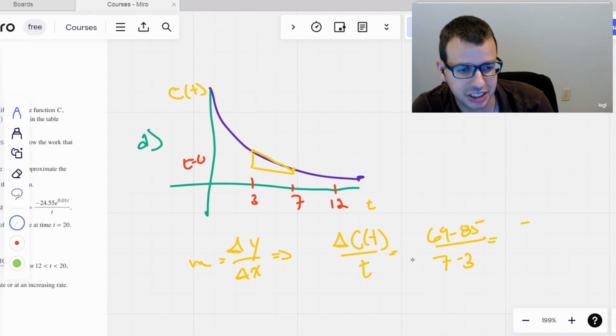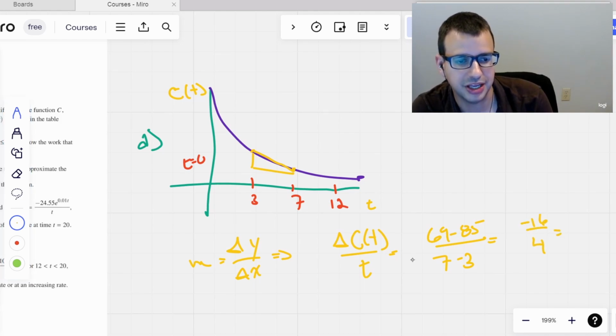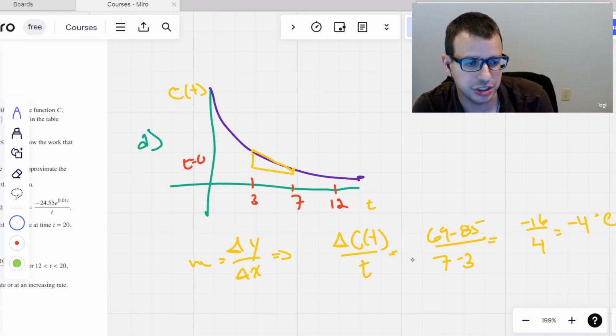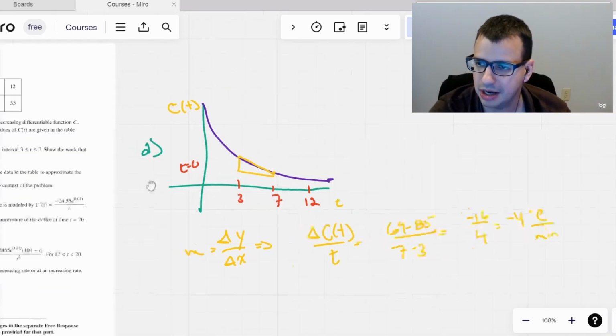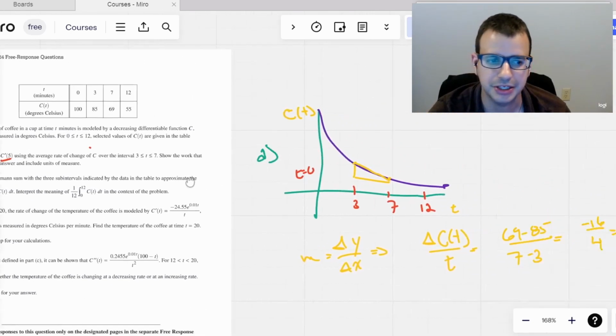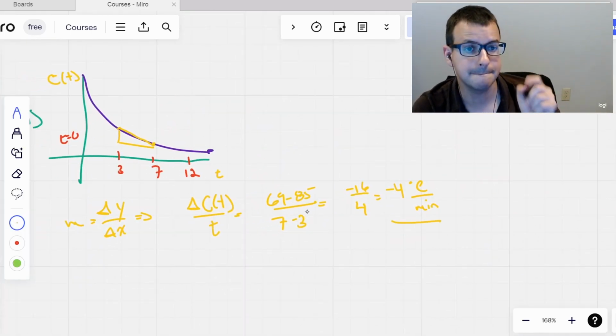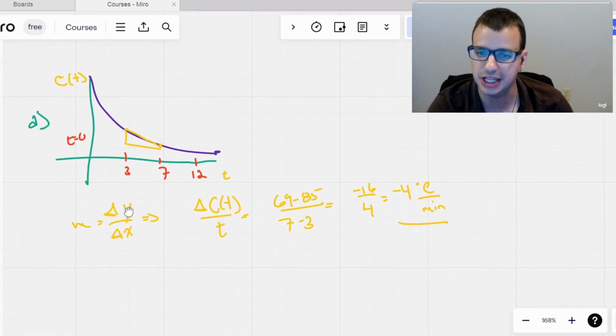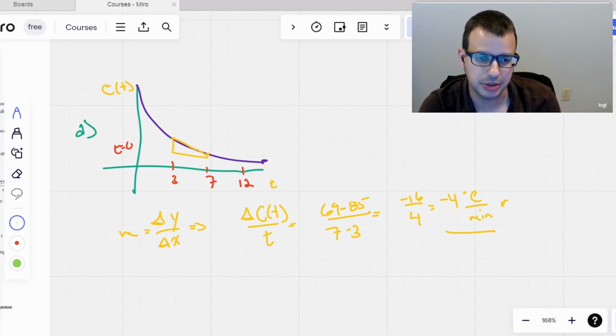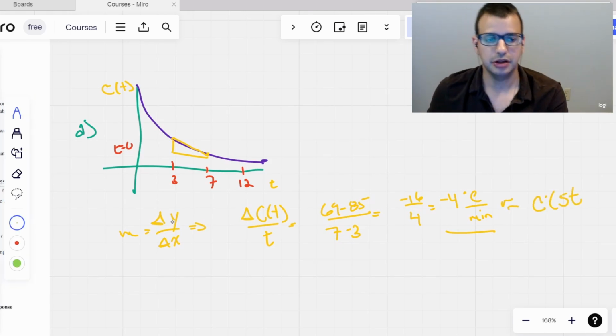So we have negative 16 over 4. That gives us negative 4 degrees Celsius per minute, and I checked that it is minutes, not hours. So the answer for A would be negative 4 degrees Celsius per minute. That's going to be our approximation of C prime of 5.